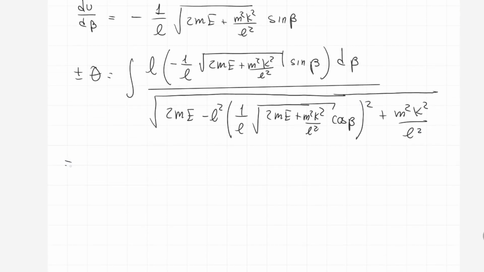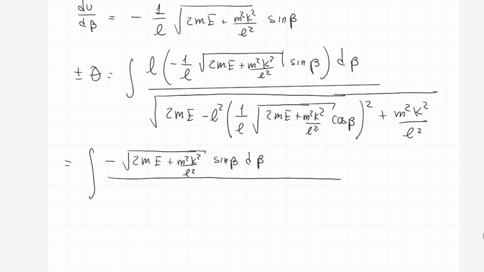If we keep simplifying, this is the integral of negative the square root of 2me plus m squared k squared over L squared sine beta d beta, all over the square root of 2me minus, well, this L squared will cancel the L that is to the 2 power, so minus 2me plus m squared k squared over L squared cosine squared beta.